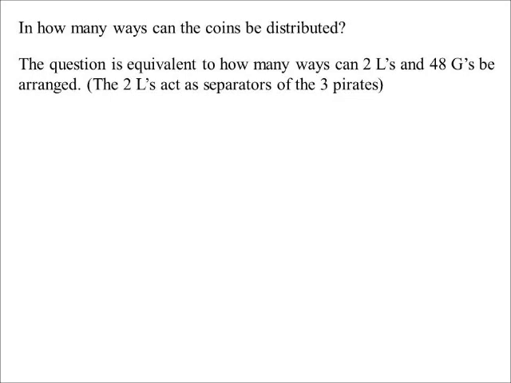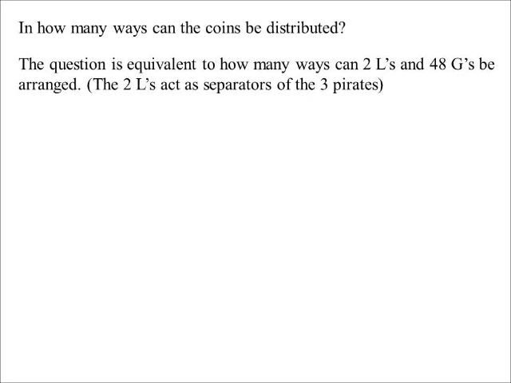What we do is we change the question into something else. So instead of coins, I'm going to think of letters. And so the lead coins are now L's, and the gold coins are now G's. And so the 2 L's, if you like, will be the separators for the 3 pirates.